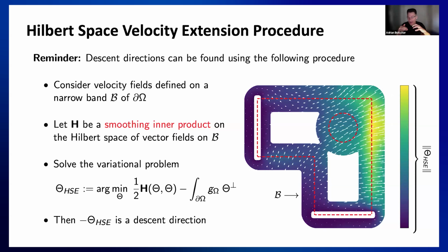All you need to do is update the shape boundary by a very small amount, so you only need the velocity field defined in a small region around the boundary. And you choose a smoothing inner product on the Hilbert space of vector fields on this domain, and then we solve a variational problem, which in some sense projects the shape gradient onto this Hilbert space of vector fields in the smoothest possible way. And then you can prove quite simply that the negative of the solution of this variational problem is in fact a descent direction for the objective function.